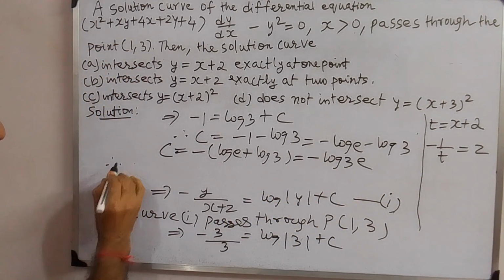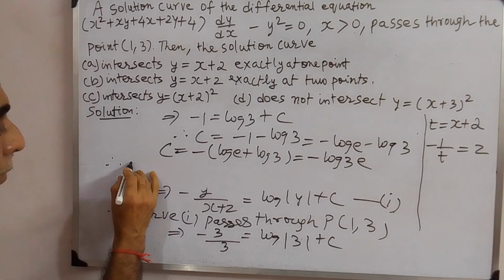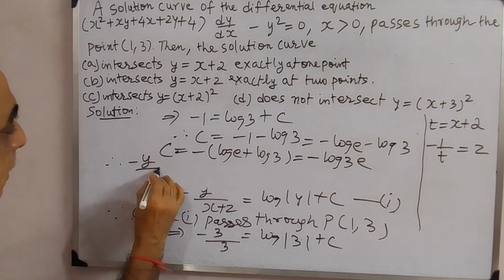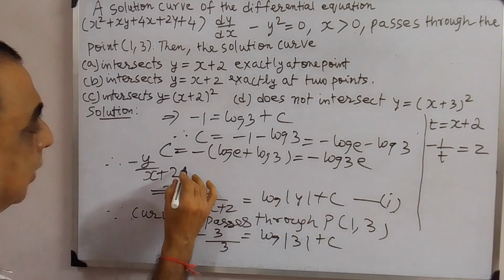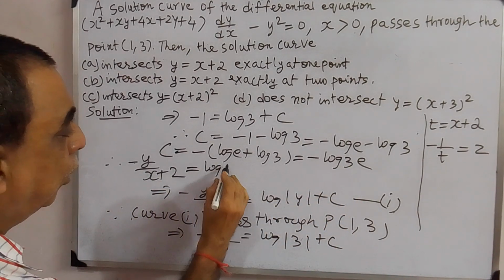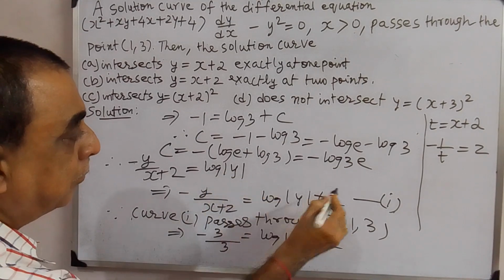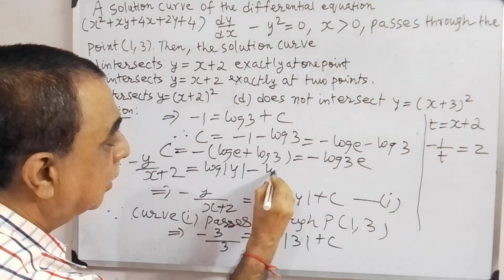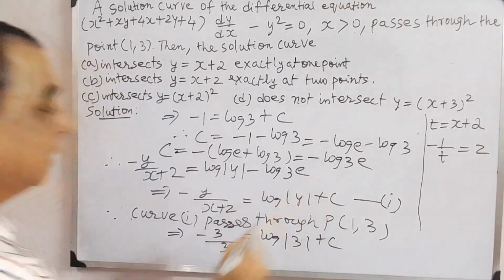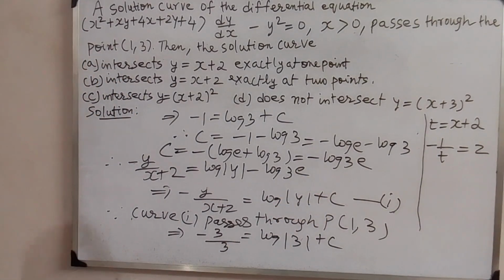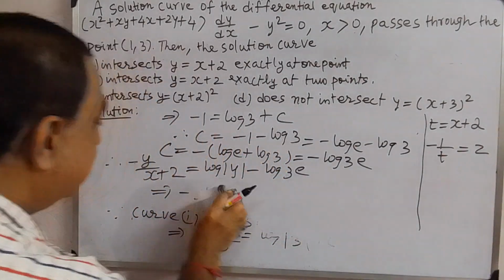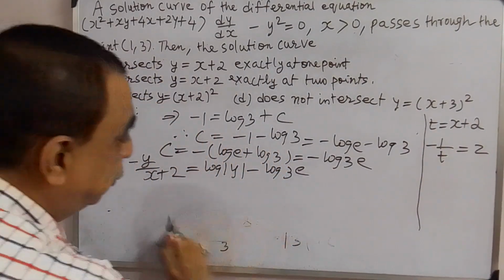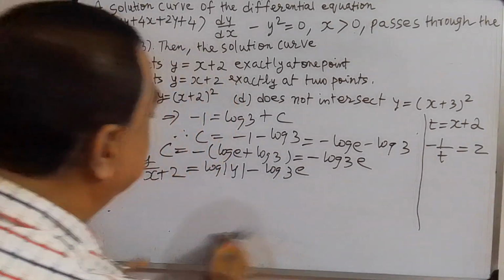So the equation of the curve will be: minus y by x plus 2, in place of c we put that value, equal to log mod y minus log 3e. Now we have got the equation of the curve.